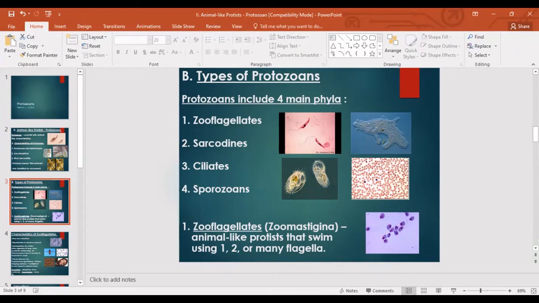Plasmodium falciparum, one of which is in our country. It is considered algae. Plasmodium falciparum is one of the members of Apicomplexa. Another term for the sporozoans is Apicomplexa.